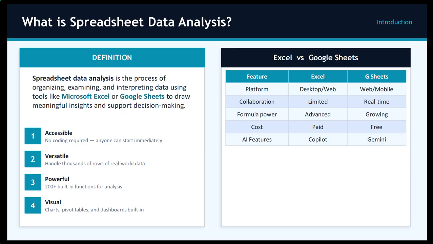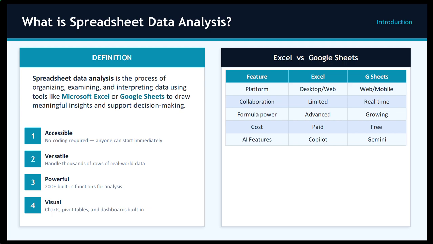Google Sheets, however, operates in real time. If I'm working on a Google Sheet, making my analysis, and I share my link or grant you access, you'll be able to see what I'm doing as I'm doing it.